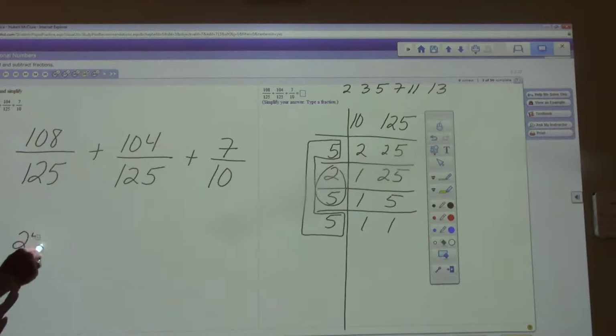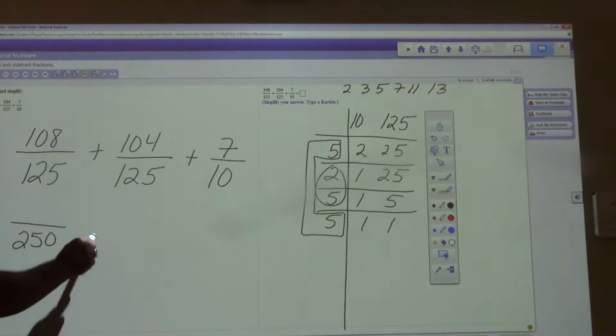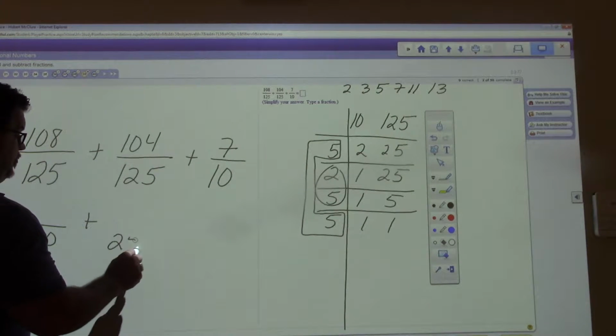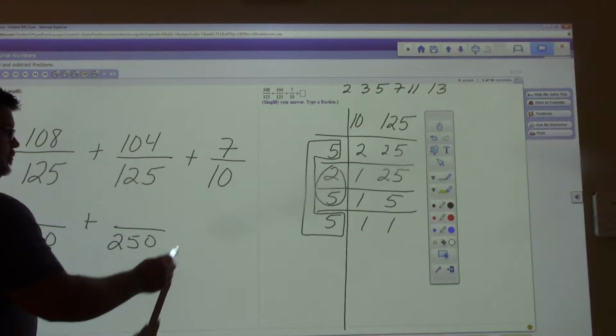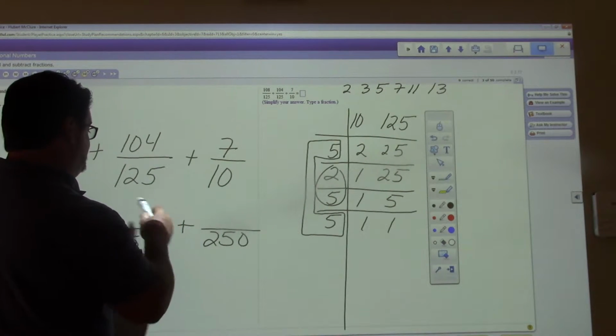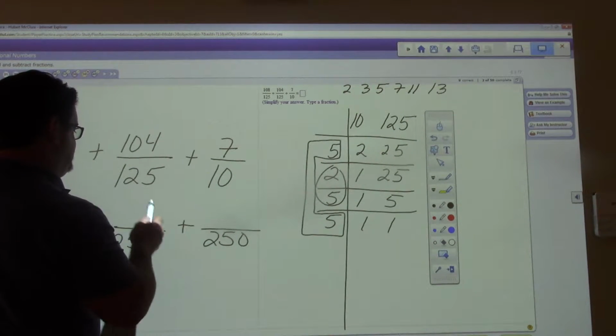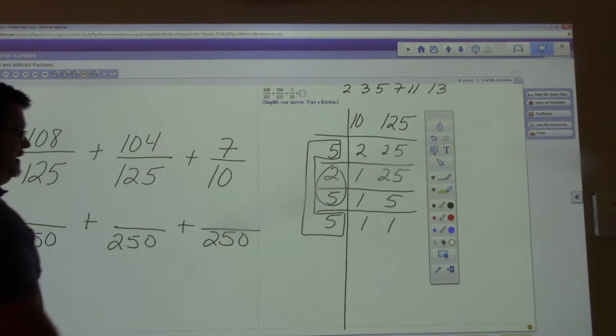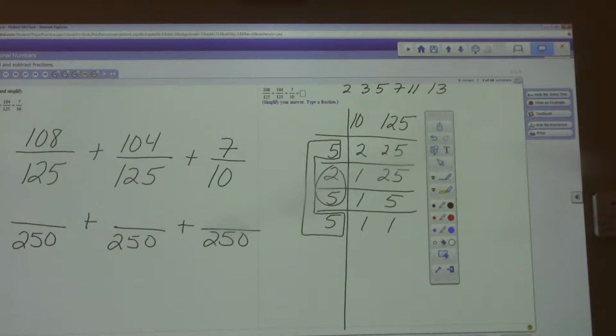So our common denominator is what? 250. Every time I see a student multiply 2 times 10 times 1, they get 1250, and they'll get down to about the 3rd or 4th step and they'll quit. How many times will 125 go into 250?